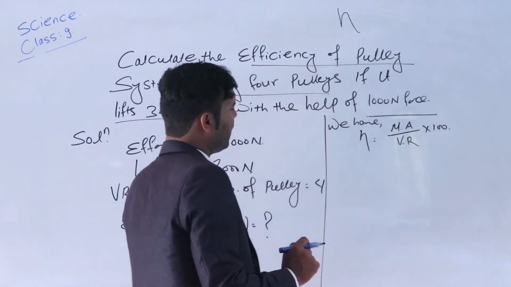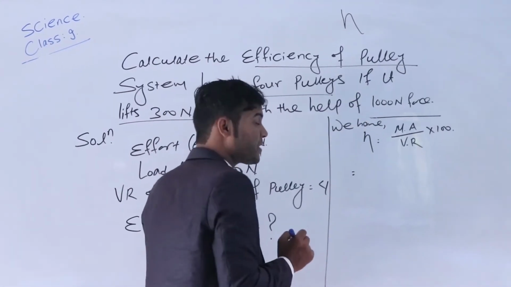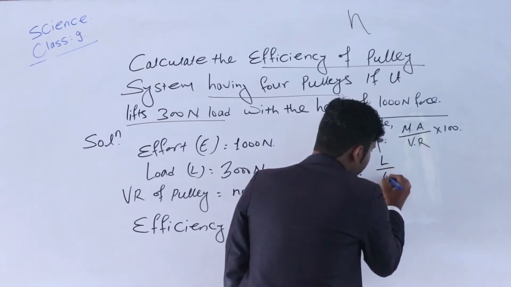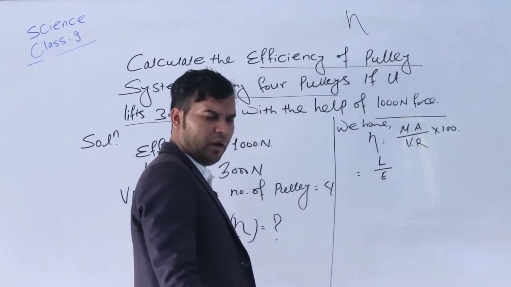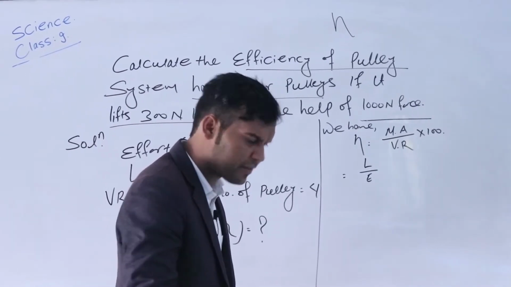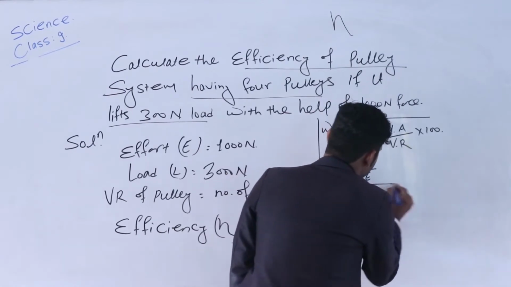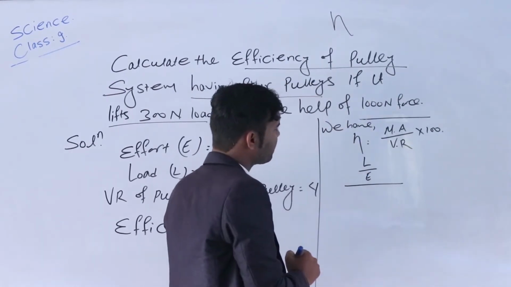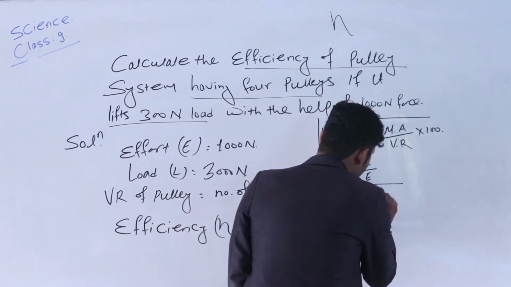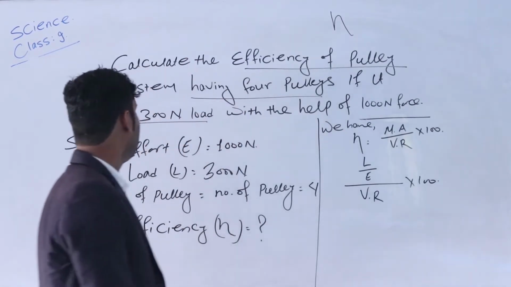What is the MA? MA means load upon effort. Load upon effort is called MA. So efficiency is equal to MA upon VR into 100, already given.